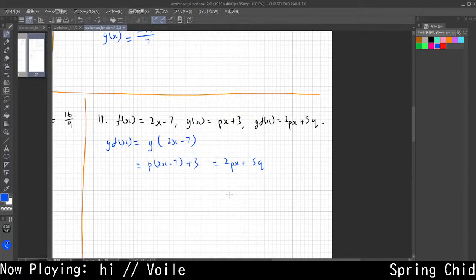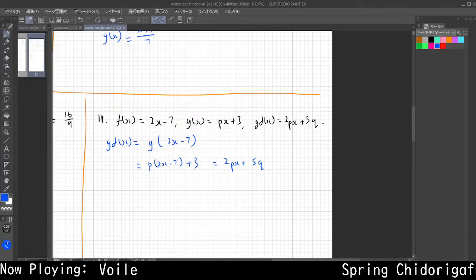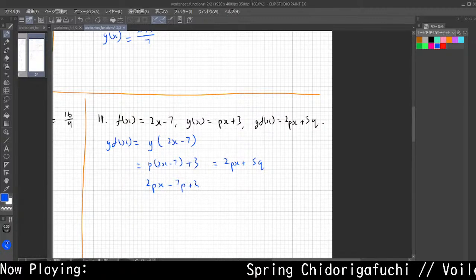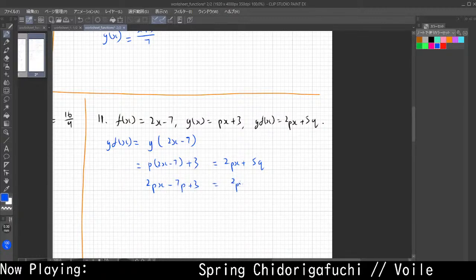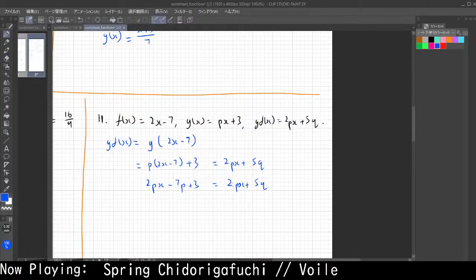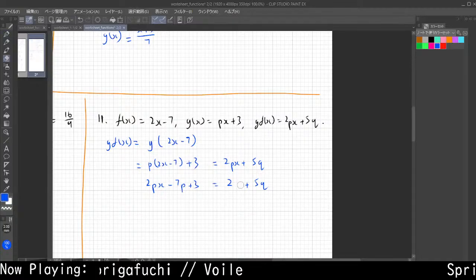Rearrange your terms: p multiplied inside gives 2px minus 7p plus q equals 2px plus 5q. So you can see that this is unsolvable, obviously.